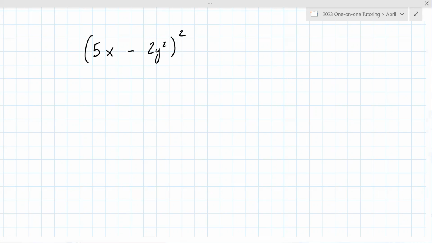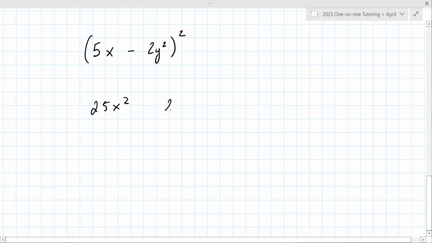So would the final answer be 25x squared 20xy squared minus 4y cubed?